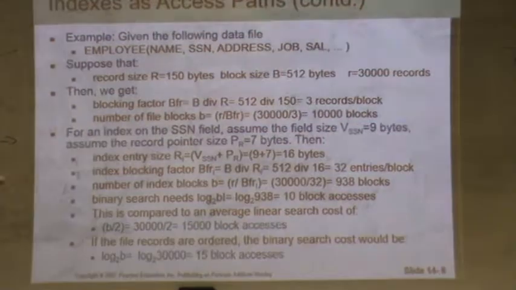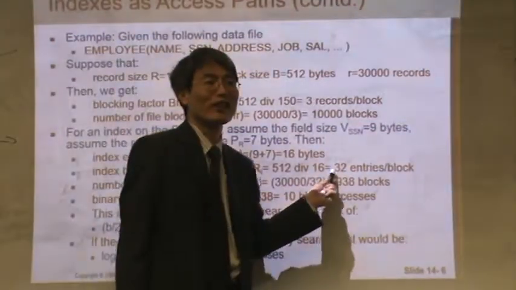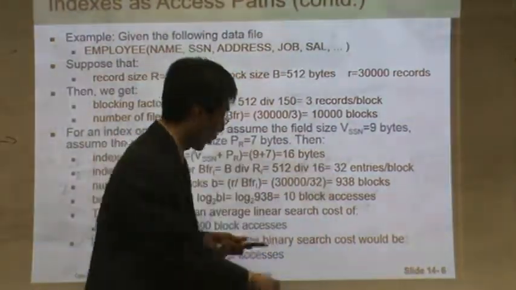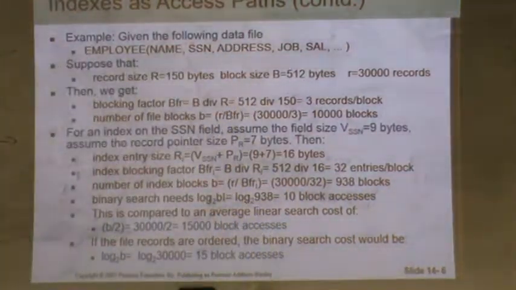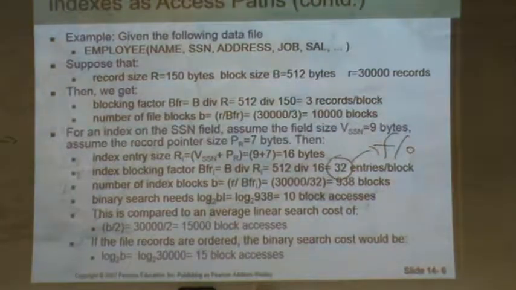This is not called the blocking factor. It's the same idea, but it's called the fan-out, the fan-out in the indexing structure, the same idea as the blocking factor in the data file.